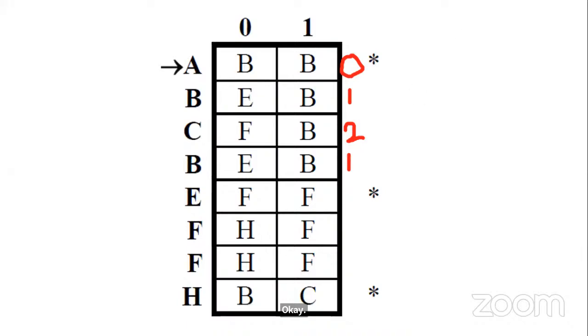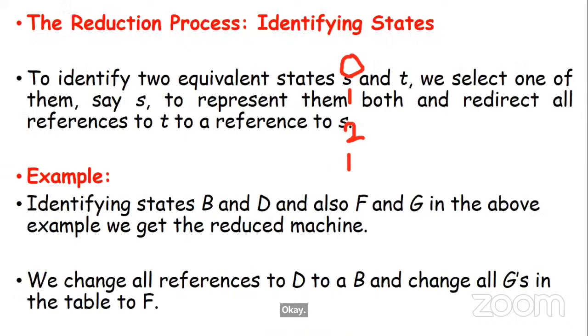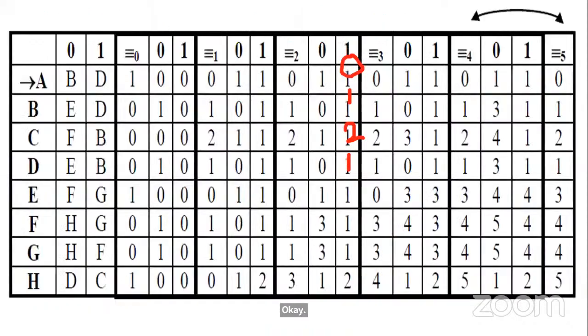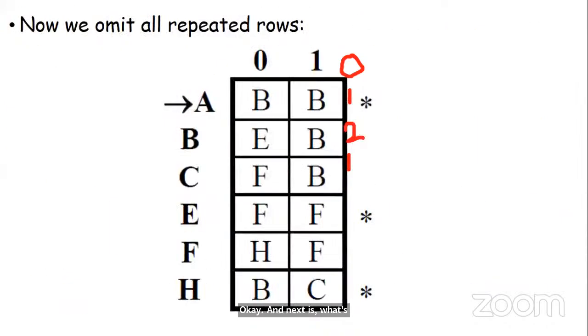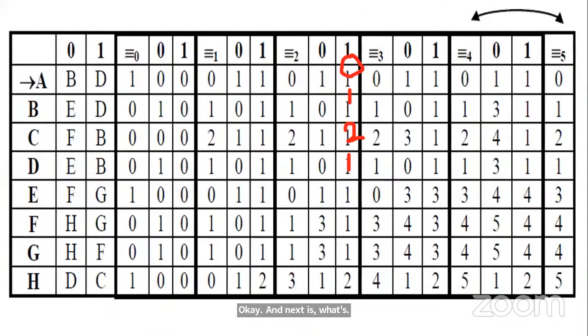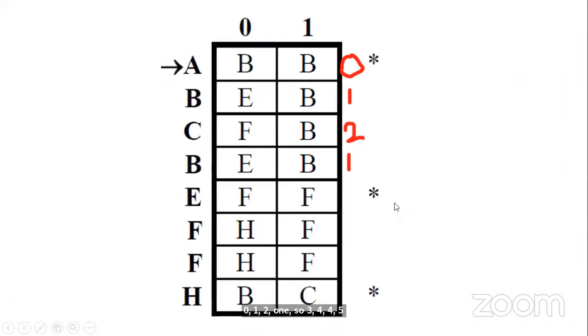And the next is what? So here is 0, 1, 2, 1. So 3, 4, 4, 5.